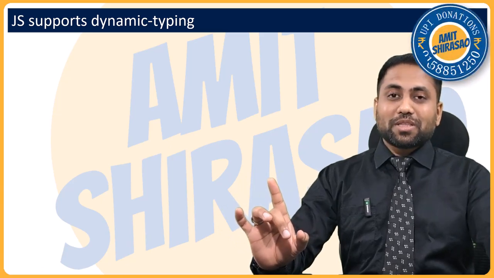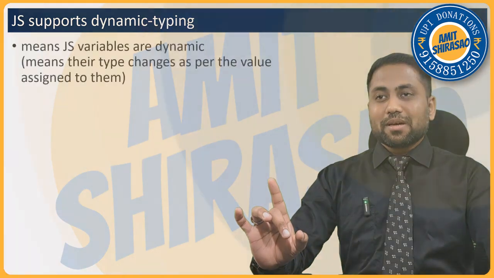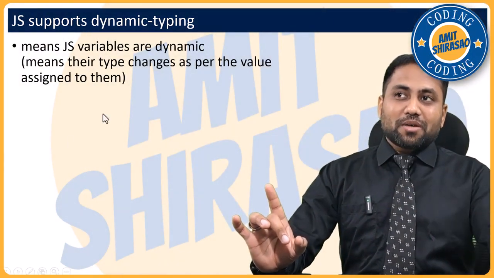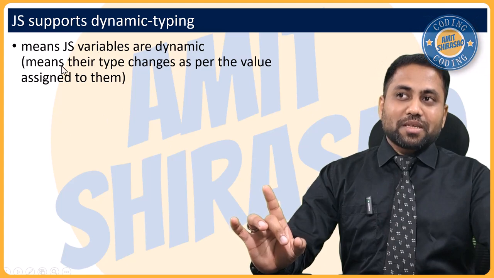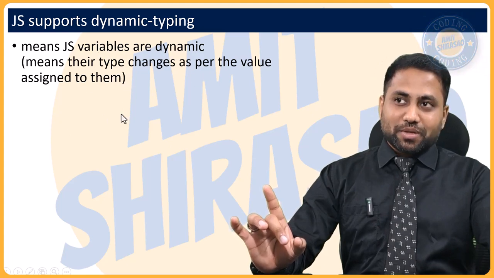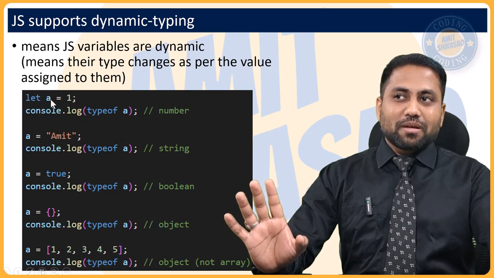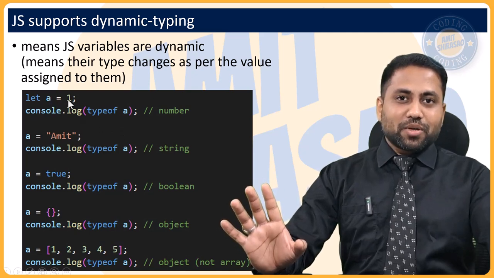Now JavaScript supports dynamic typing. Let us see what happens when you assign values of different data types to the same variable. JavaScript variables are dynamic, meaning their type changes as per the value assigned to them. Let us say I have created one variable, a is equal to 1.